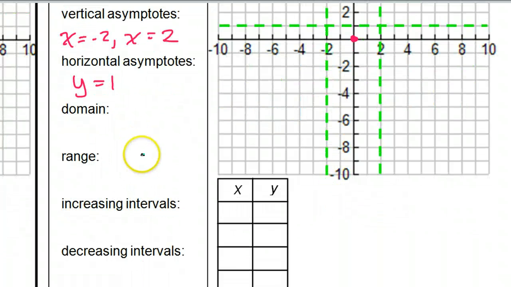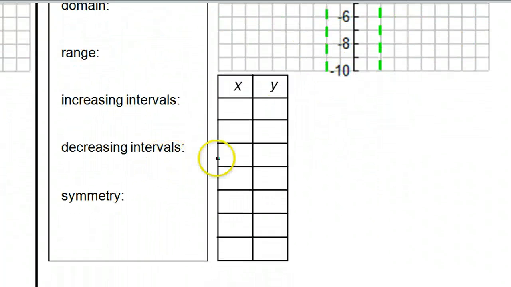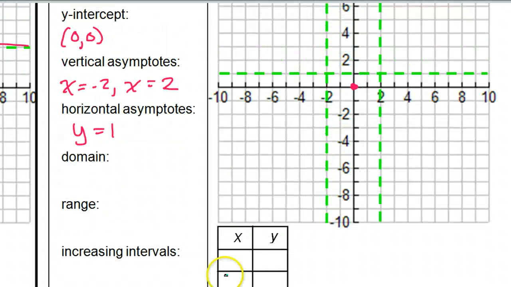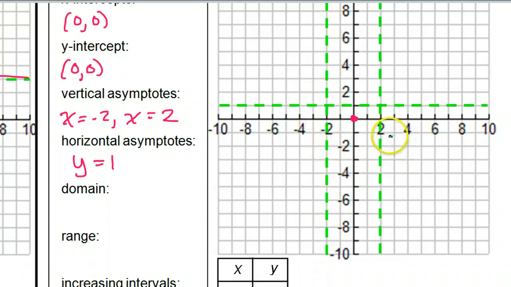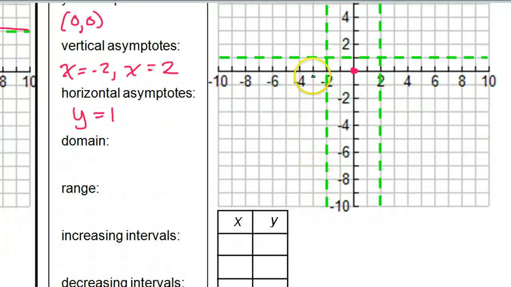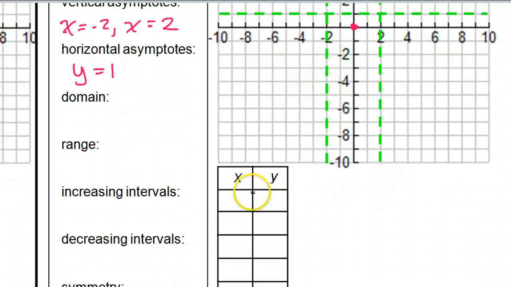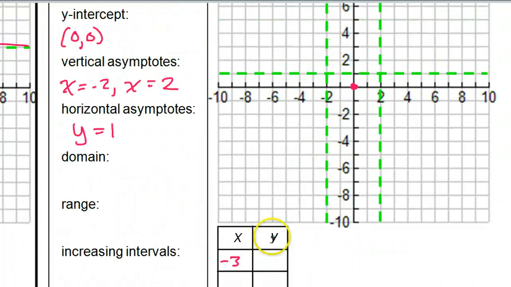Next, before we can do the domain and range and all this, we need to get our table of values going. So here's how you pick the values. Look at your vertical asymptotes. We're going to need values in every part of this graph. So we'll need a couple values to the left of the first asymptote. The first integer to the left is negative 3, so I'll definitely do negative 3. We also want to see what's happening very close to the asymptote, so we're going to have to get into some fractions and decimals.